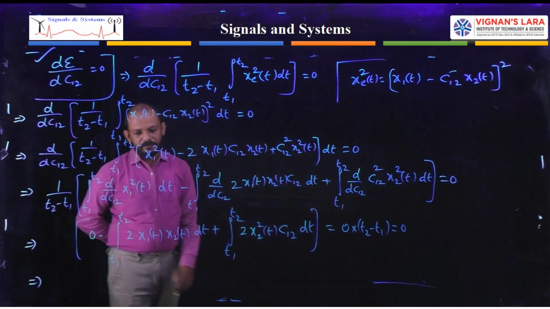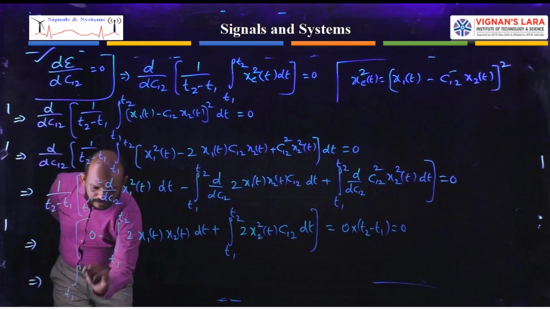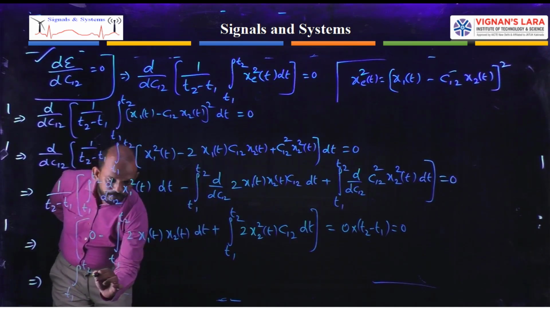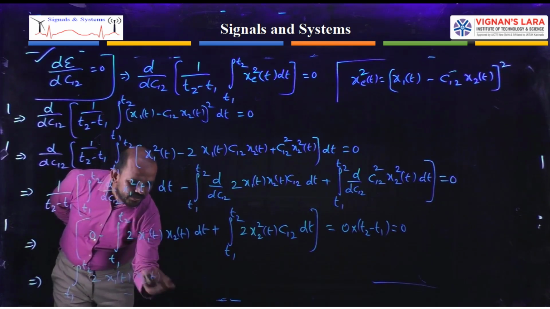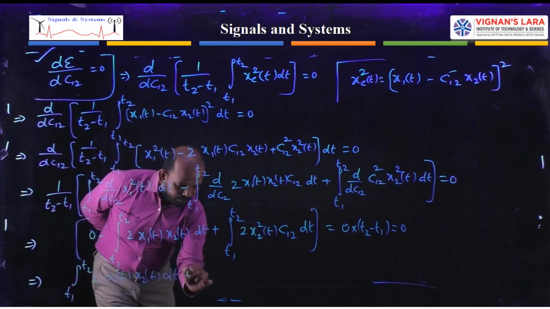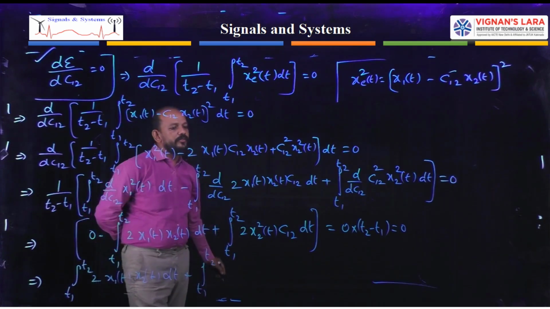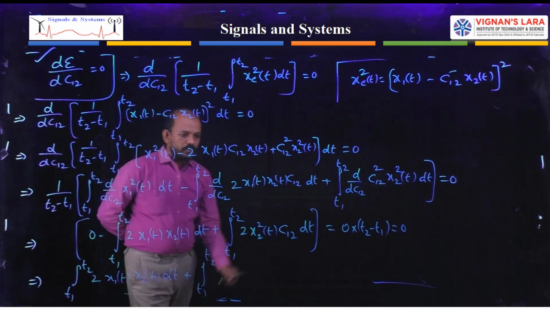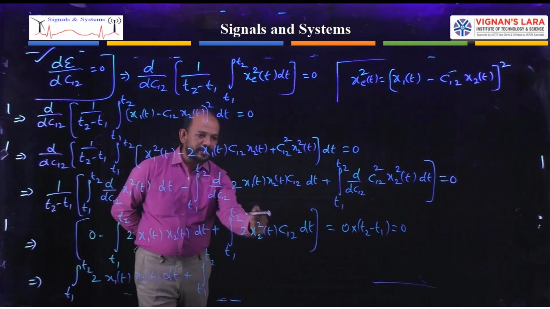So for that reason, I am writing this one: integral t1 to t2, 2 x1 of t, x2 of t dt plus integral t1 to t2. Okay, now I need which one? c12. I need the value of c12.